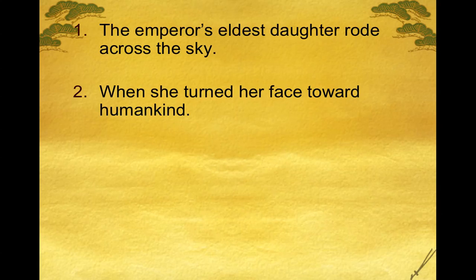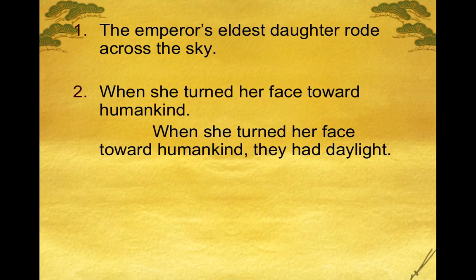Now let's take a look at number 2. When she turned her face toward humankind. Can this stand alone? Or is it a dependent clause? Please write down IC or DC. Well, it is DC. It's a dependent clause. That can't be a sentence by itself, can it? When she turned her face toward humankind.